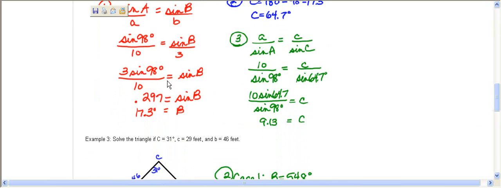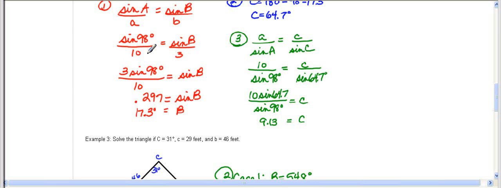We're looking for sine B by itself, so we multiply by 3. 3 times sine of 98 degrees over 10 is equal to sine B. Using your calculator, we get 0.297 is equal to sine B. Now if you use your inverse sine function, you're going to find that the angle has to be 17.3 degrees.